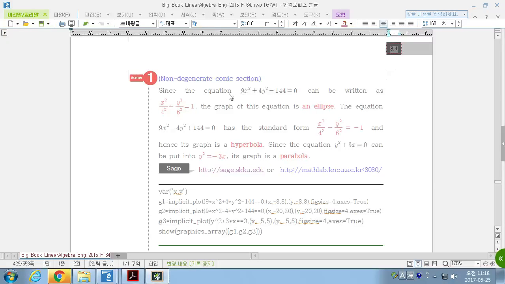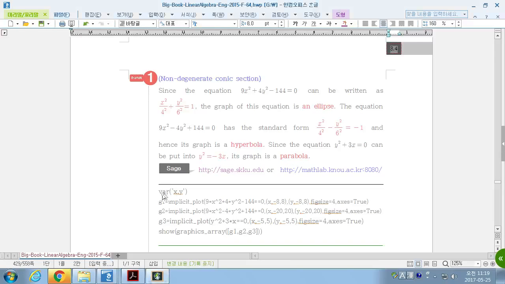This is the equation for an ellipse. And if you have 9x squared minus 4y squared plus 144 equals 0, then it has a standard form of x squared over 4 squared minus y squared over 6 squared is equal to minus 1. This represents the graph of a hyperbola. And y squared plus 3x equals 0 can be written as y squared is equal to minus 3x in the standard form. So the graph is a parabola.